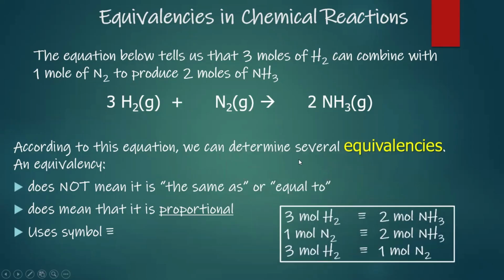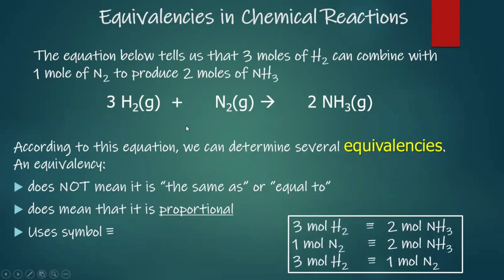So some equivalencies that we could say from this particular equation. Whatever equivalencies you say, it only applies to the equation that you're discussing. So we could say that 3 moles of the hydrogen gas is equivalent to 2 moles of ammonia gas, or 3 moles of hydrogen gas is equivalent to 1 mole of nitrogen gas.